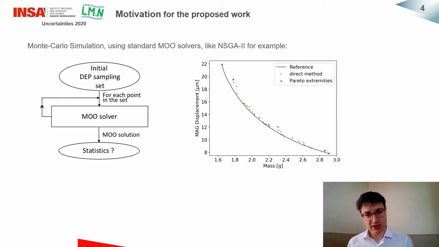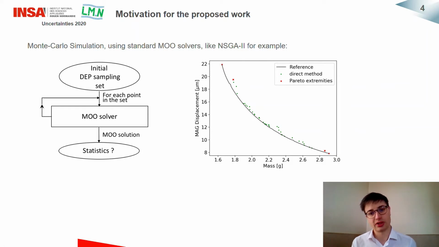Our motivation could be clearly seen on this figure, where we could compare the reference Pareto front and the Pareto front obtained with direct method. So clearly we don't get the real extremities of the Pareto, and the front does not converge enough, at least for a few generations.